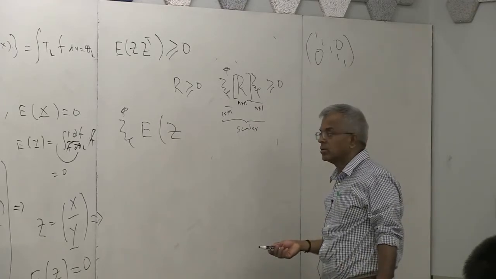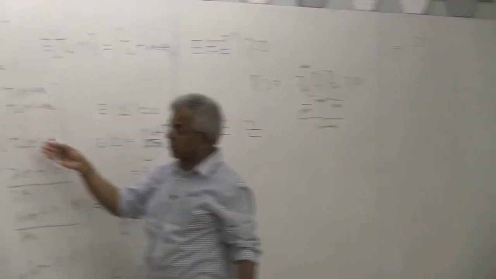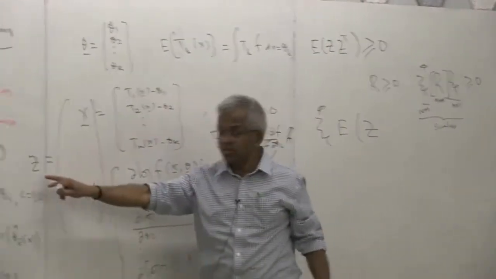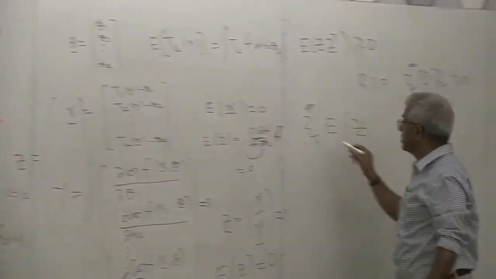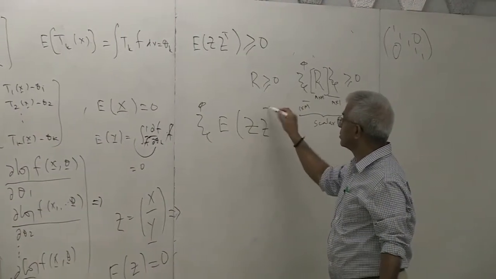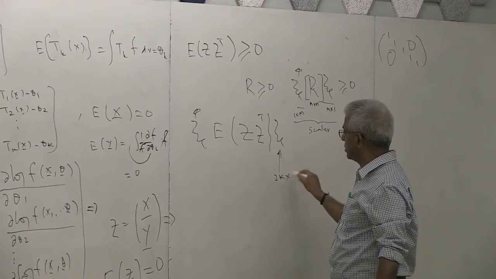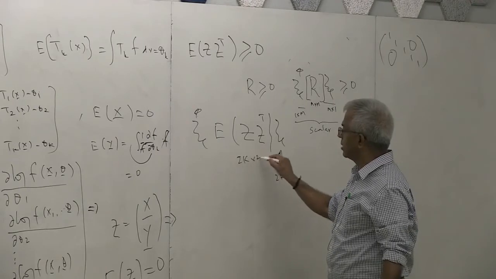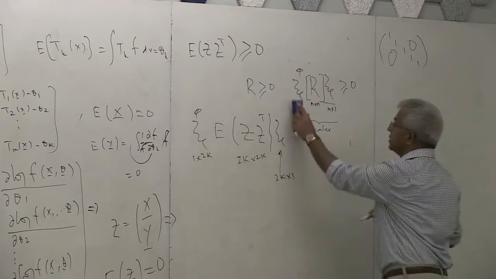Here, x is of size k and y is size k, so z is a vector of size 2k by 1. I am going to multiply by a z vector that is 2k by 1, because this is 2k by 2k and this is 1 by 2k. So the whole thing is a scalar.